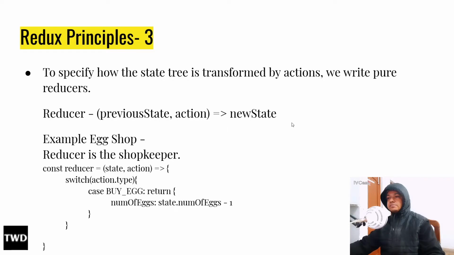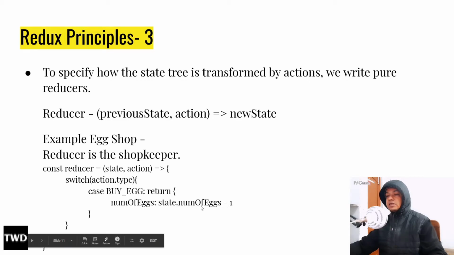So, as an example in the egg shop, who is the reducer? The reducer is the shopkeeper in our egg shop. So: const reducer = (state, action), switch action.type, case BUY_EGG, return numberOfEggs: state.numberOfEggs - 1.